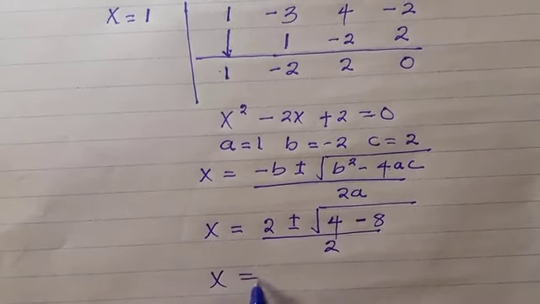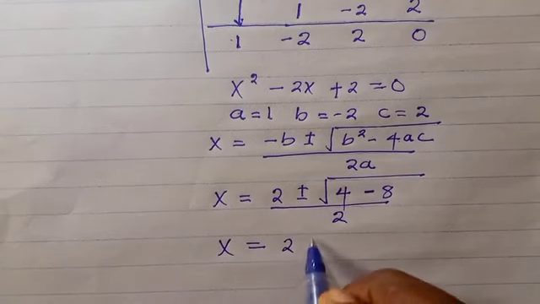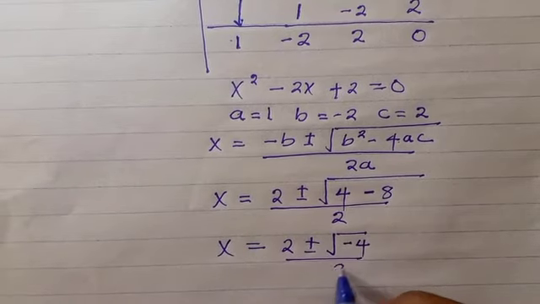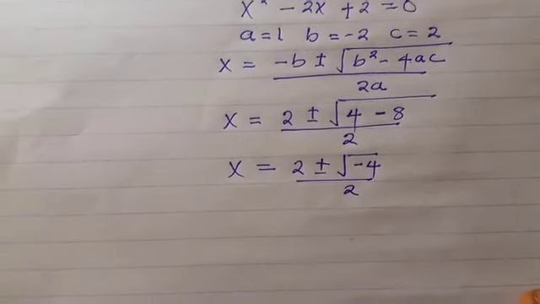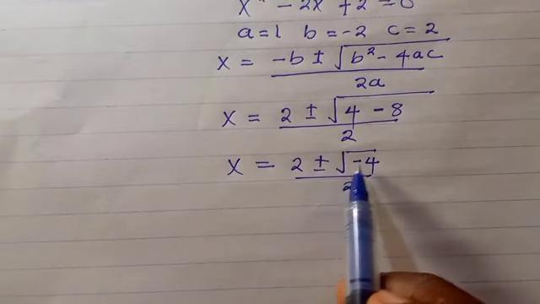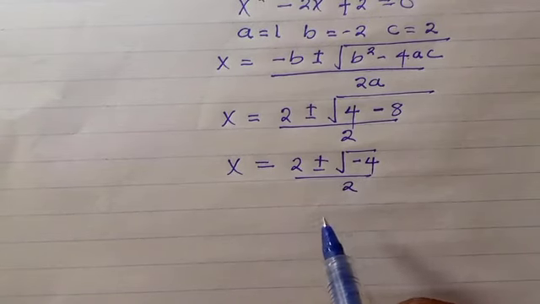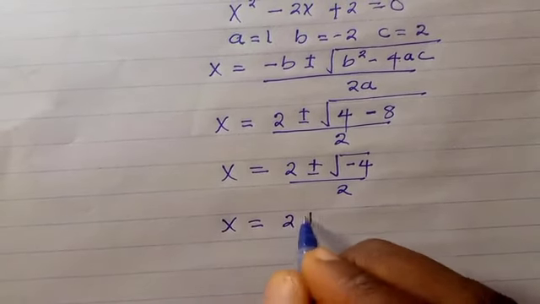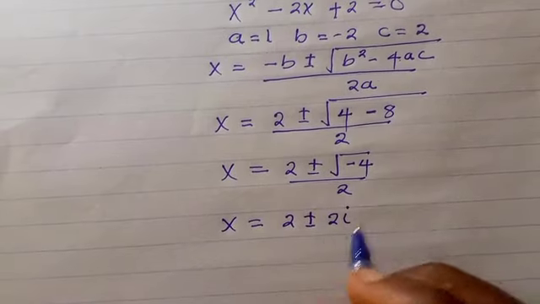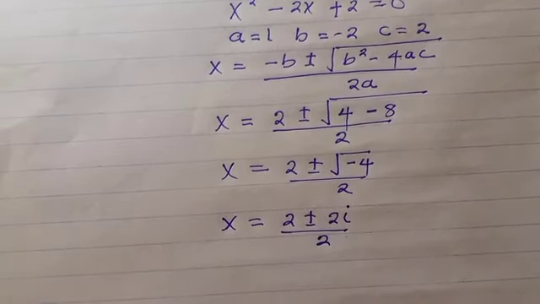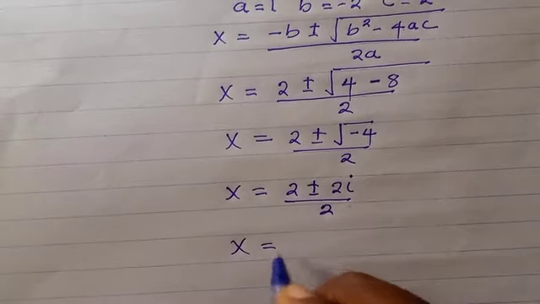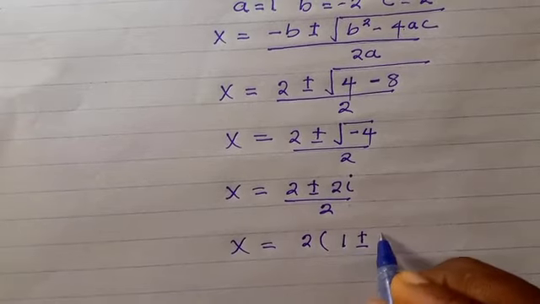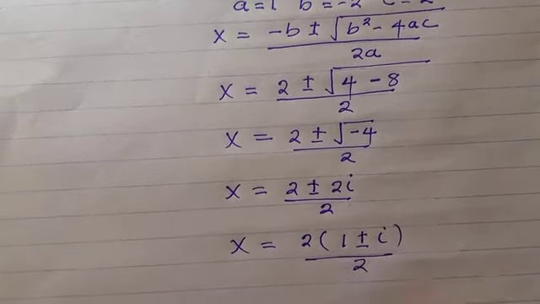So x equals 2 plus or minus the root of minus 4, divided by 2. The square root of minus 4 is going to be a complex root, which is 2i. So x equals 2 plus or minus 2i, everything divided by 2. When we factor out 2, we are left with 1 plus or minus i, divided by 2.